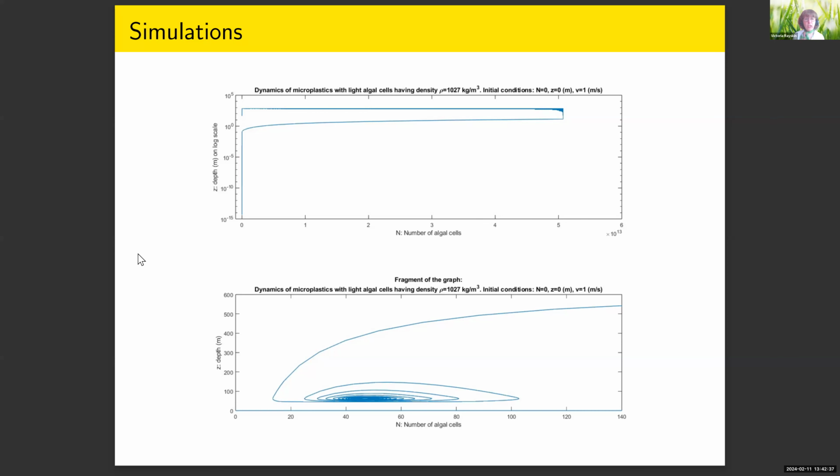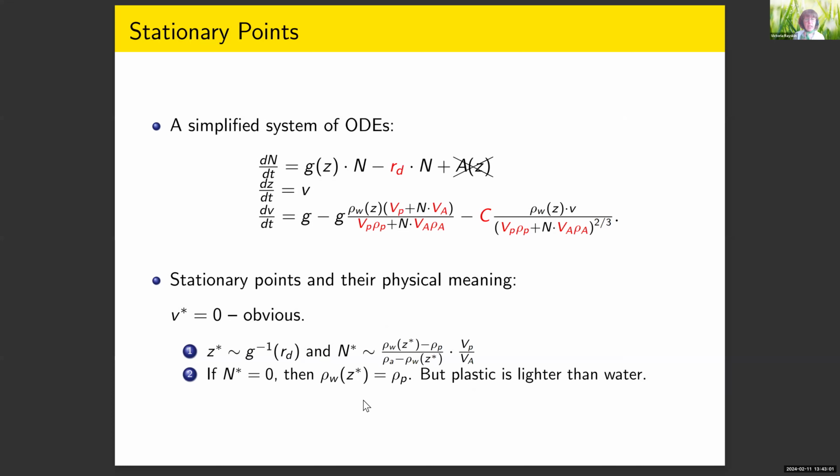At this point, I have magnified a fragment of the graph. So at this point, the particle oscillates up and down, and the number of cells is also going up and down until it comes to the equilibrium. So it's approaching the equilibrium state.